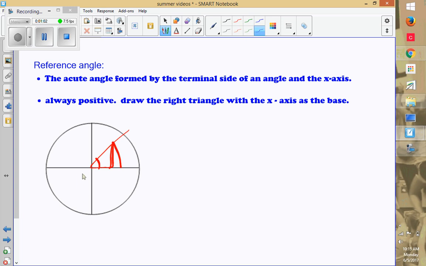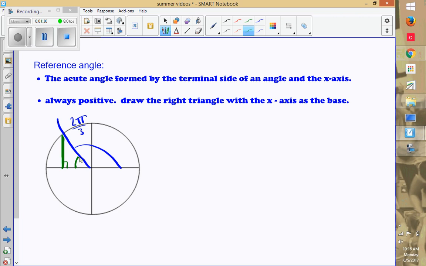However, when we move to the second quadrant, so let's say we have an angle over here, and this angle is 2 pi over 3, let's say. Its reference angle is the angle that is formed that drops and makes a right triangle with the x-axis.